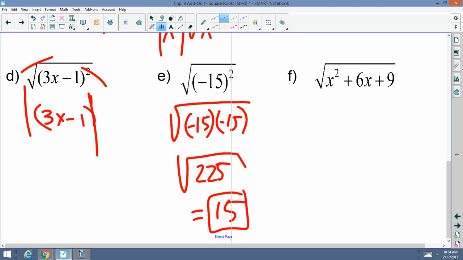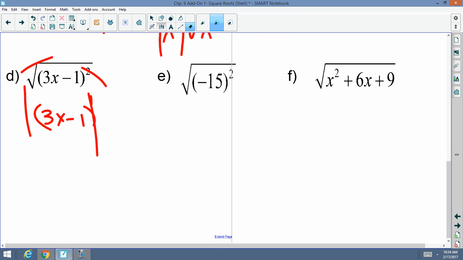I just followed the order of operations. Now, you don't have to do that long way at all. All you got to remember is, I have a negative, I'm raising it to a positive power. Whenever I have a negative raised to an even power, it's going to come out positive. So this will cancel, but it comes out as a positive 15.